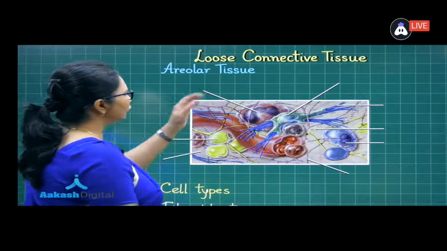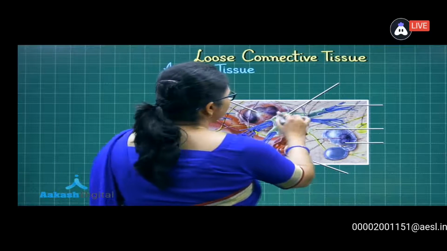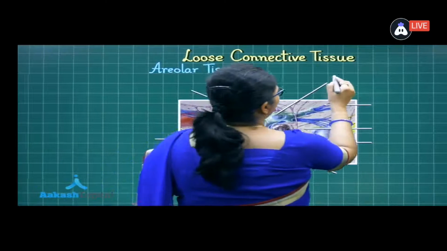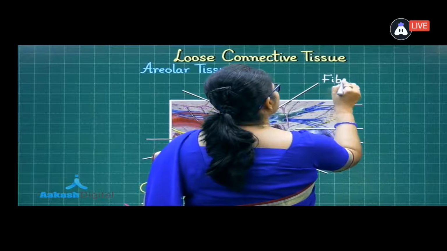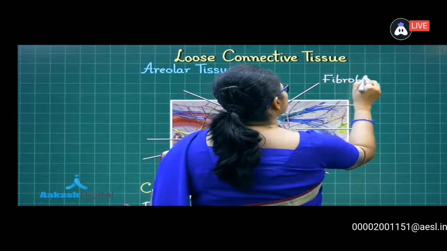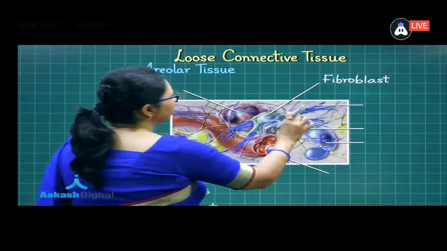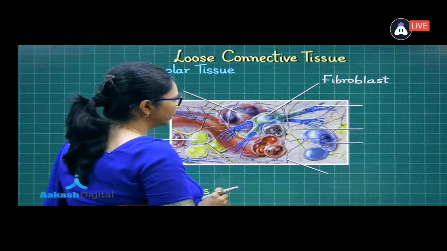In this, what all we can see, this cell here from which the fibers are emerging, this one is the fibroblast. As we can see, it is a cell from which a number of cytoplasmic processes are arising.